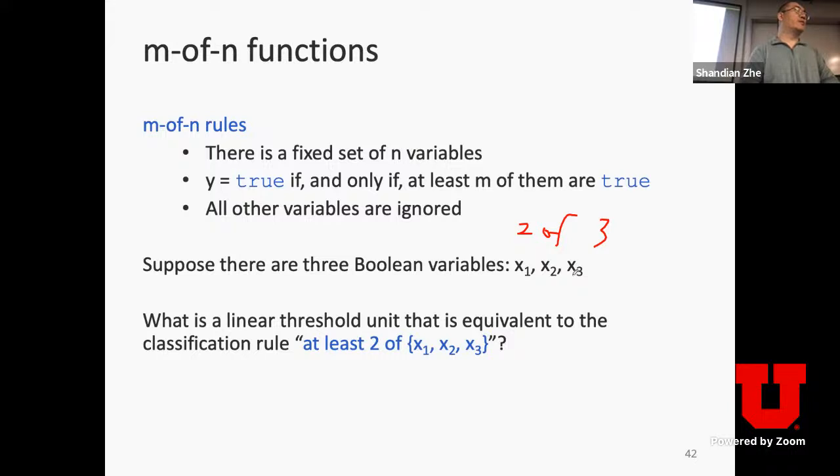Any thought? Yeah, exactly right. That's it. Surprisingly simple, right? We want at least m of them to be true. To check that, we just need to make sure their summation is at least 2, right? That's it. Any question?